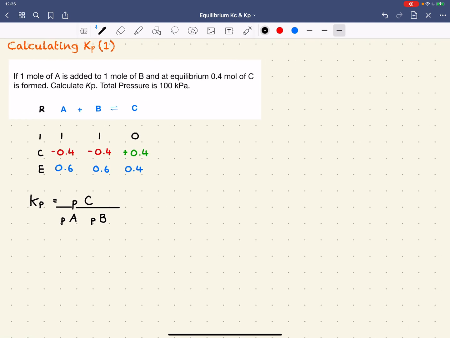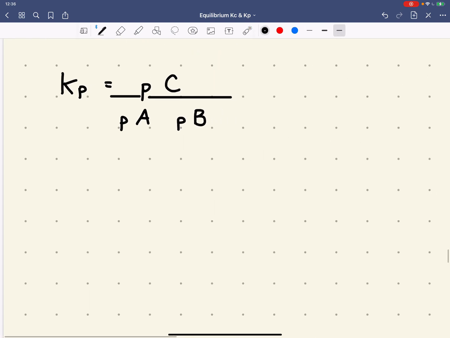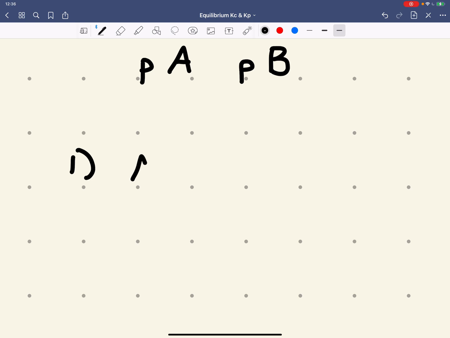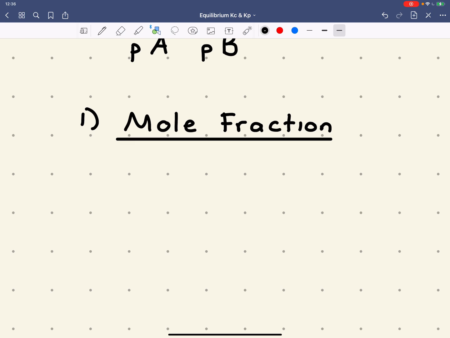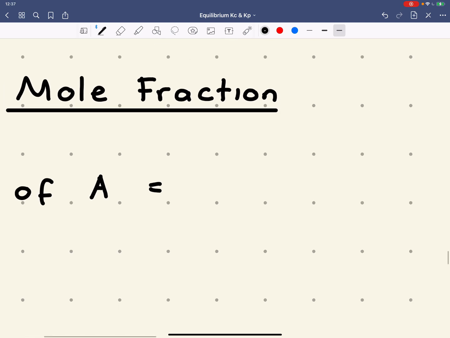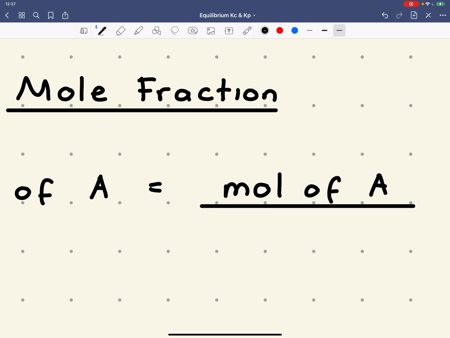So how do I get from moles at equilibrium to partial pressure at equilibrium? First thing we need to look at is something called the mole fraction. That's the first thing we need to work out. So what is the mole fraction? Well, the mole fraction of A is equal to the moles of A at equilibrium divided by the total moles at equilibrium.